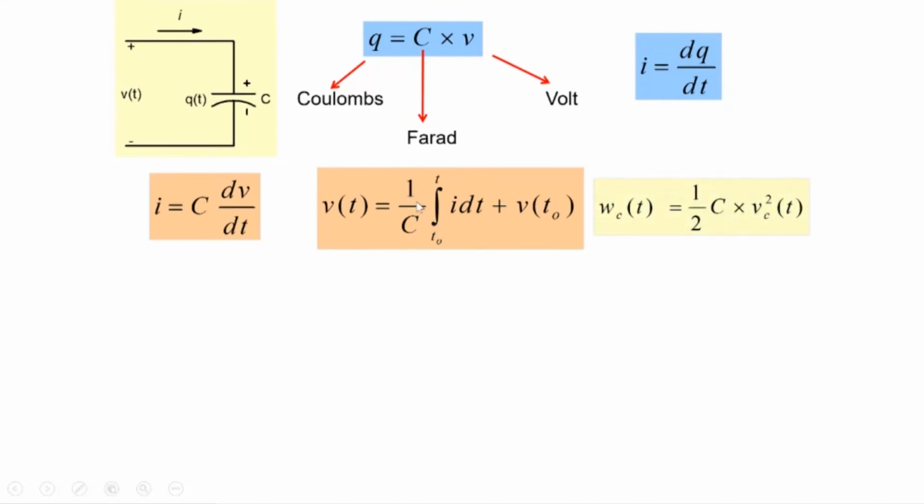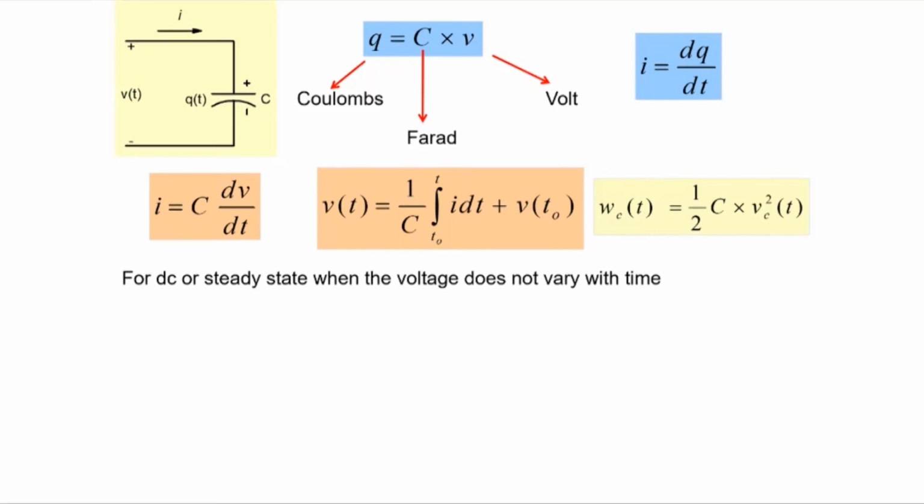All right, so the other thing we know is when there's a voltage across a capacitor, or there's a charge stored on a capacitor, there's energy stored which is equal to half CV squared. So that's also something that you've all seen before. The other thing that we note here is that for DC or steady state, steady state means voltages and currents are not changing with time.